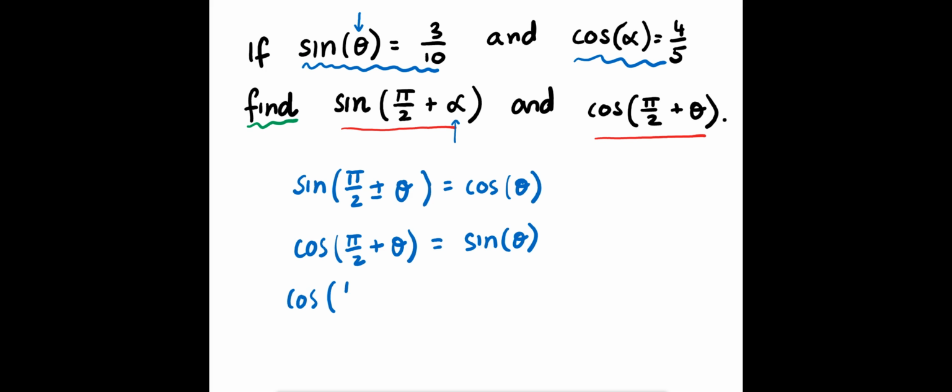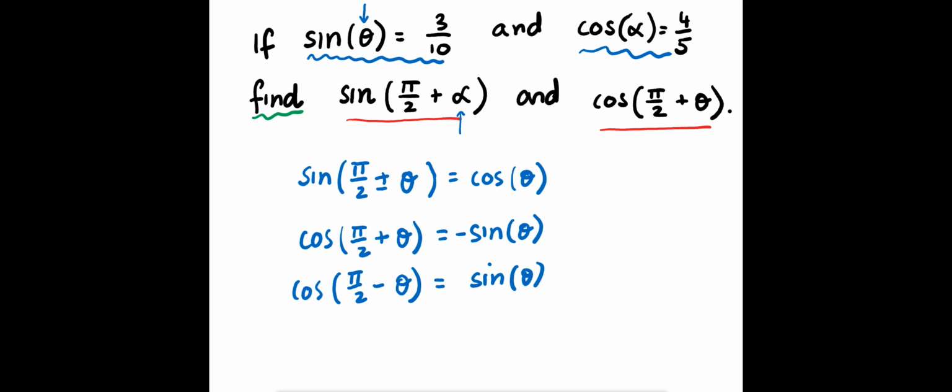The cosine of pi on 2 minus an angle is also going to be sine. Now I've just made a mistake here. Cos of pi on 2 plus theta is actually going to be minus sine. So apologies on that one, I nearly made a mistake. We can actually prove these, and I'll jump into Desmos to prove that for you now.